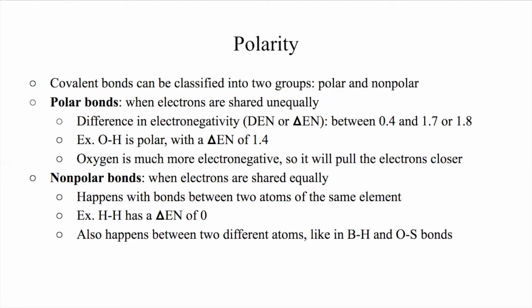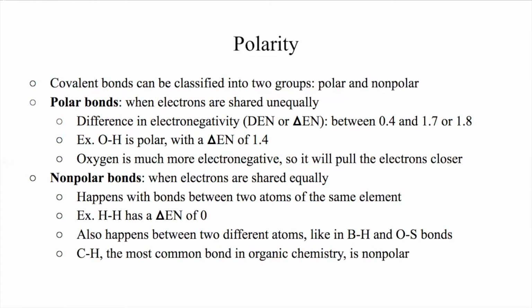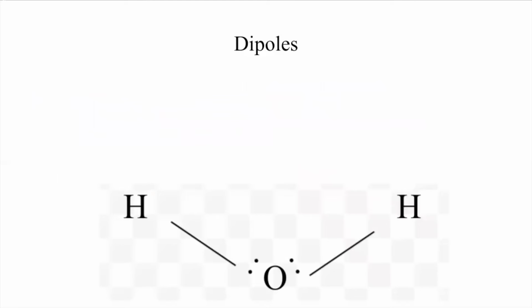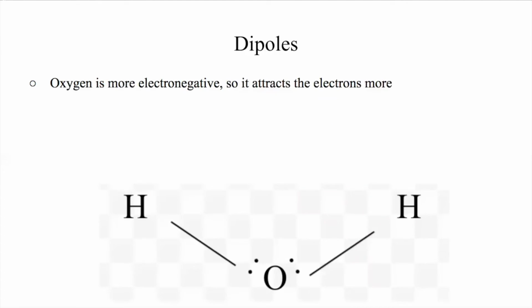However, this also happens when the bond is between different atoms that have similar electronegativities, like in a B-H or O-S bond. One of the most common bonds in organic chemistry, C-H bonds, is also nonpolar. The difference in electronegativity is only 0.35. These nonpolar bonds, though common, are kind of boring.